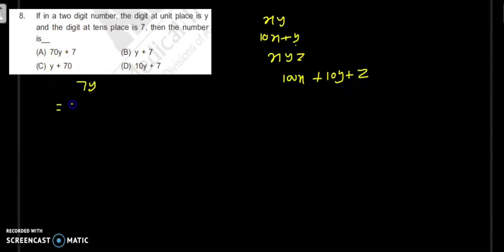So how to write this? 70 plus y, or you can write step by step: y plus tens digit means 7 into 10, that means 70 plus y is your answer. 70 plus y, option C, y plus 70 you can also write.